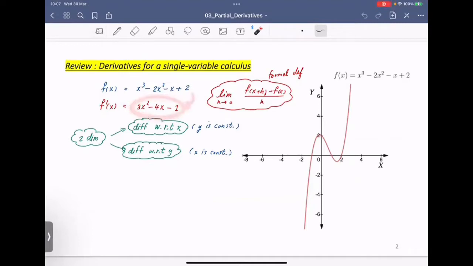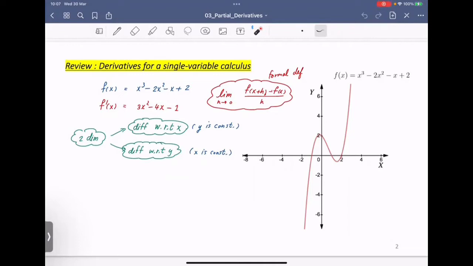So basically, we are trying to develop the definition into two dimensions in the same way as in calculus 1, so we can keep the formula. What we want is to keep the formula so we can use it again in two dimensions. You're going to see in a minute how we define the derivative in two dimensions.